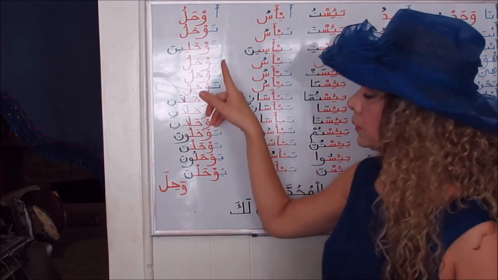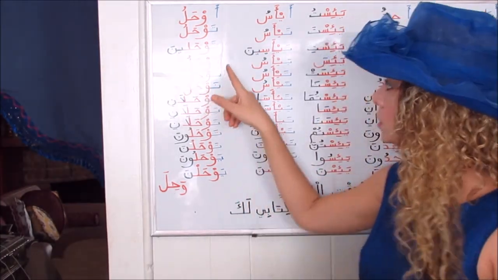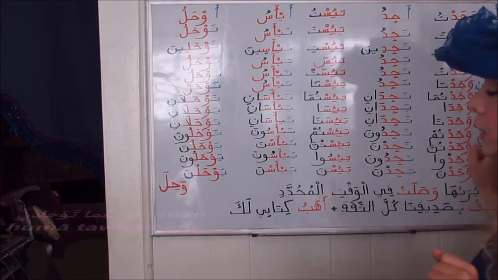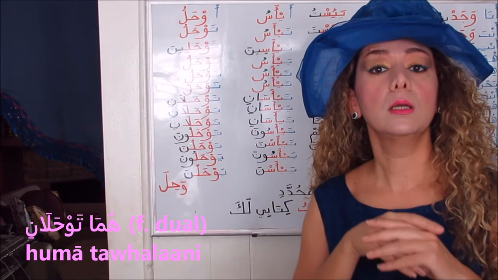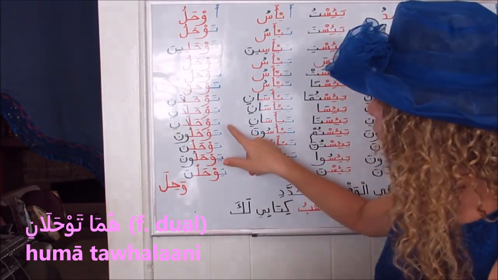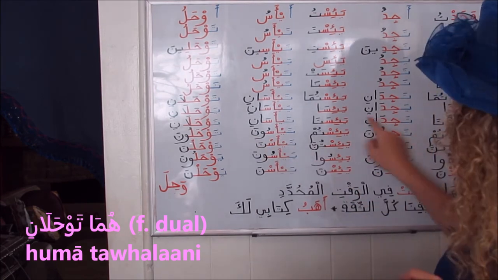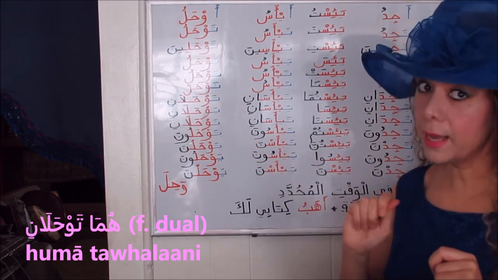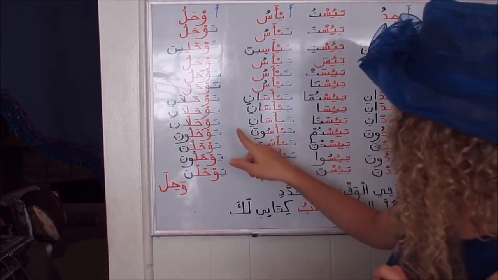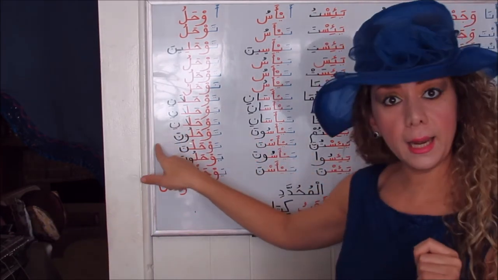But in this case, we have to use a ta with hiya, all right? And with huma, third person, dual, feminine also, we have to use ta, all right? Don't forget this. Okay, huma توحلان.